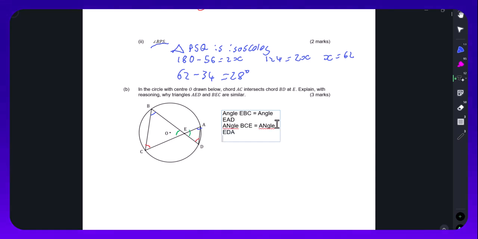And then lastly, angle BEC equals angle AED. That's because of vertically opposite.